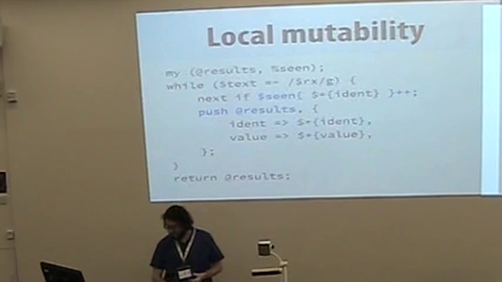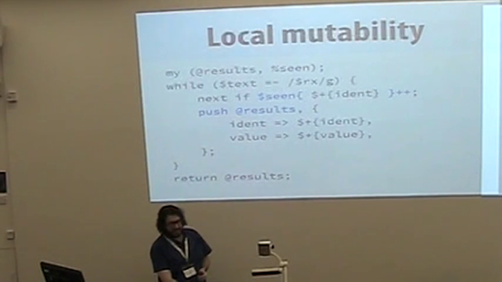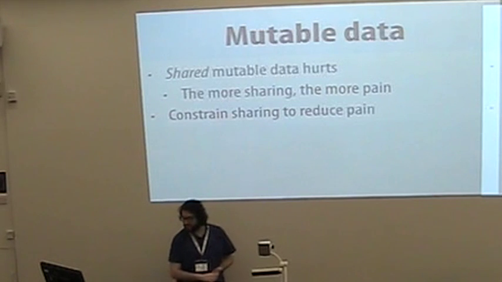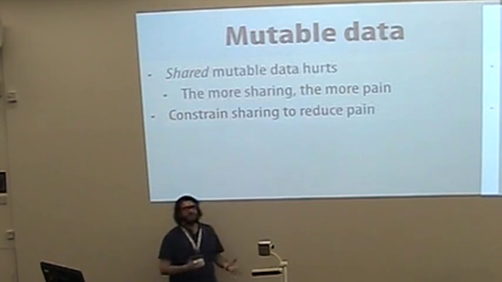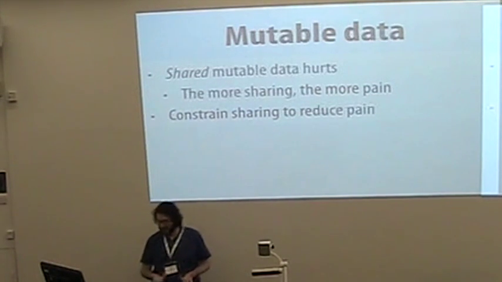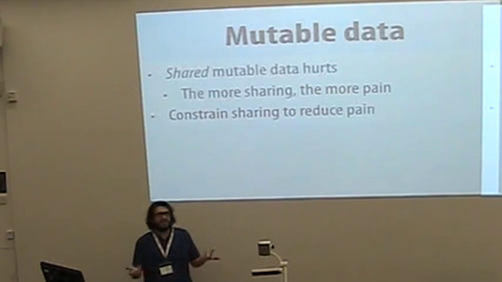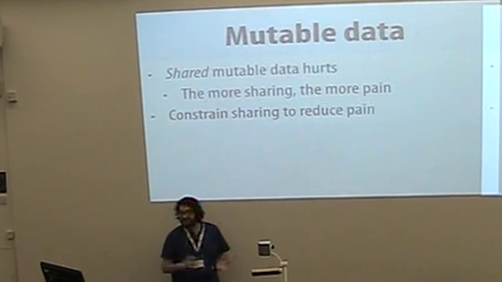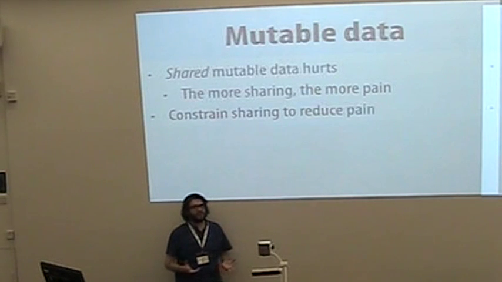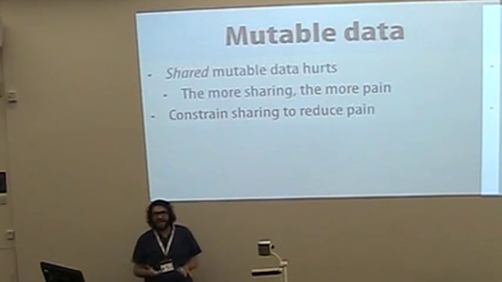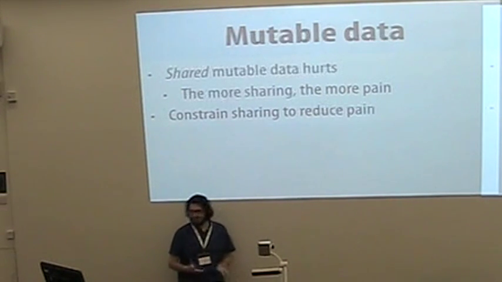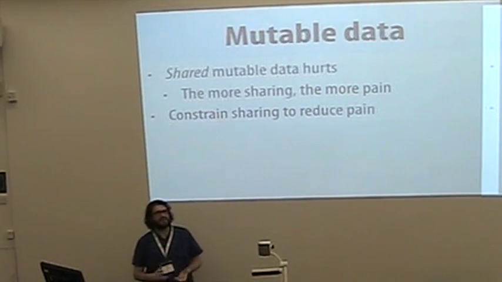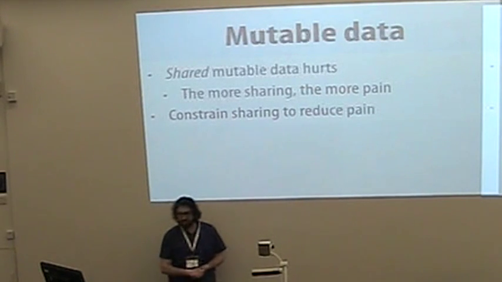And rewriting this code to dogmatically avoid all mutable data wouldn't, I think, actually make it any easier to express, or importantly, to understand. But immutability does start getting more important, more useful, once a piece of data is shared across wider boundaries. And the bigger the radius of sharing, the bigger the pain. So in particular, where do we store a lot of our data? We store it in databases. And if you've got some database that can be accessed from any part of some million-line code base without restriction, well, that might turn out to have some problems in the long run.